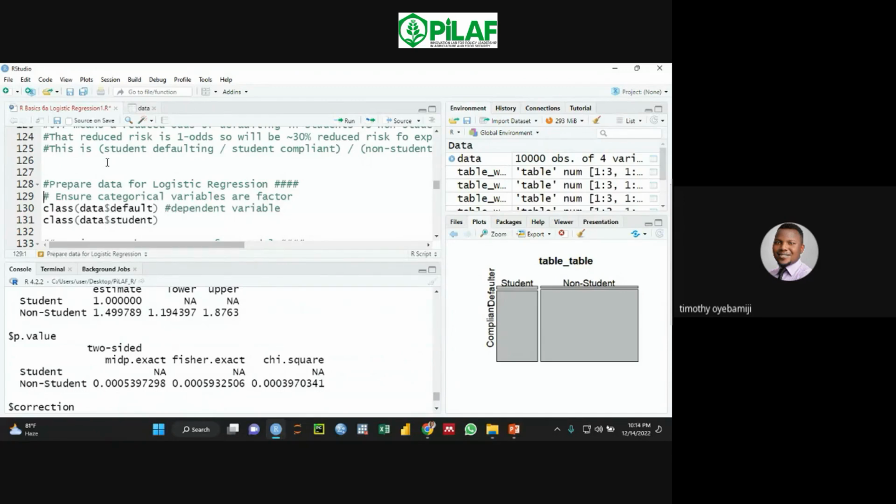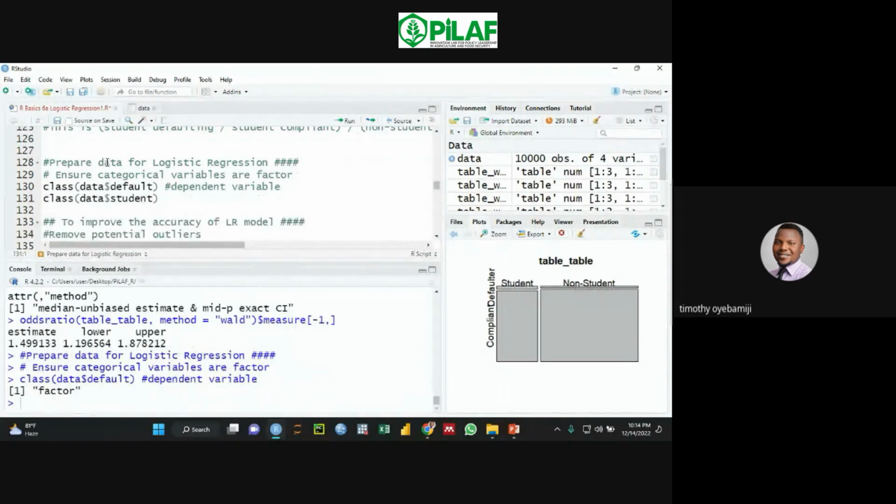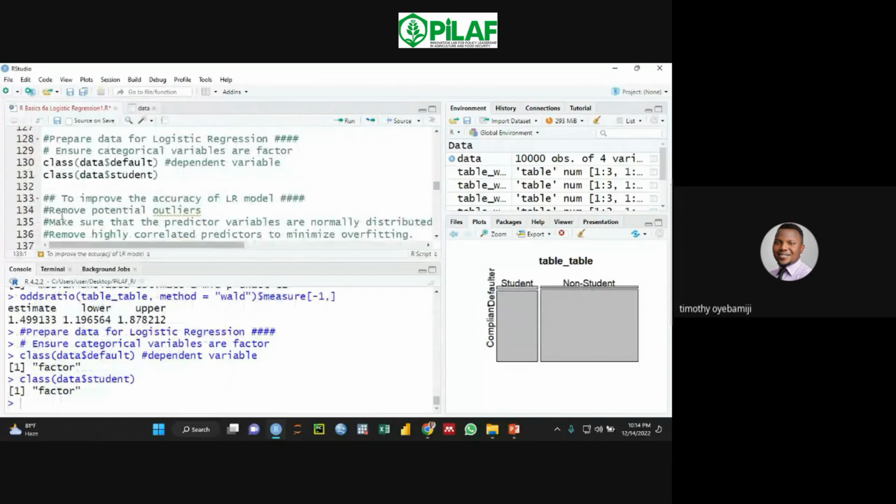And how to check that? Remember, we have two categorical variables here, the defaults and students. If you check the class for defaults, it says it's a factor, and if you check the class for students, it's a factor. So this is a sort of perfect data set in this regard.